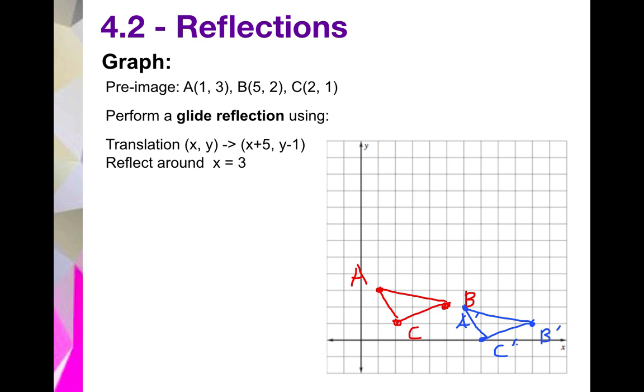So x equals 3 is here. And if we do that, then B is going to be, let's see, way over here.